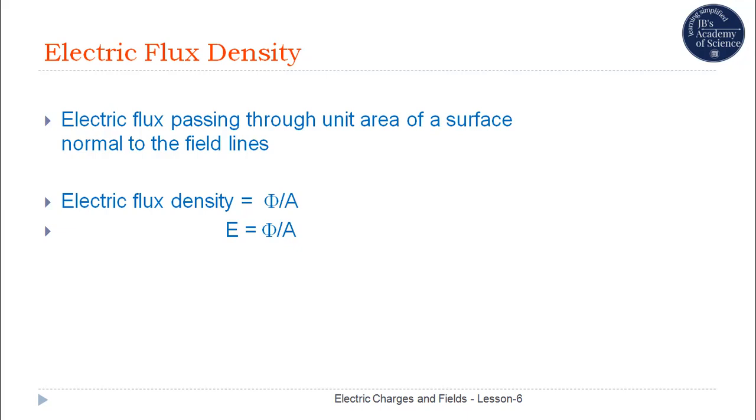Electric flux density is equal to phi divided by A. If an area A is placed normal to the electric field lines, and if phi is the electric flux through the area, then electric flux density is equal to phi divided by A. It is nothing but the electric field at that region. So electric flux density gives the electric field at that region.